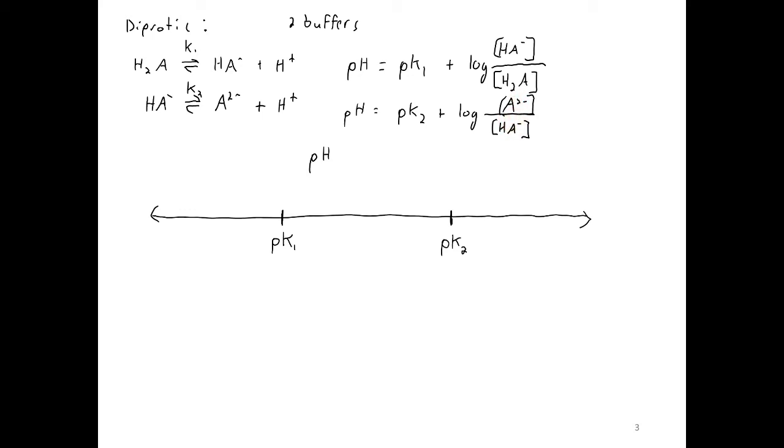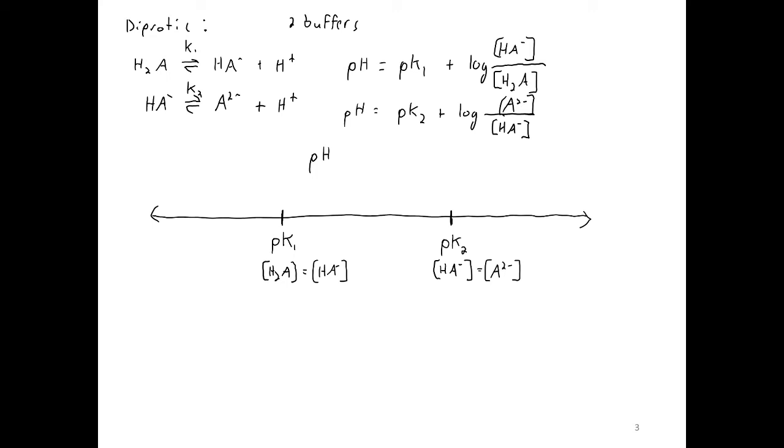So let's write under pK1 that at that particular pH, the concentration of H2A must equal the concentration of HA minus. And over at pK2, when the pH equals that, HA minus must equal the concentration of A2 minus.